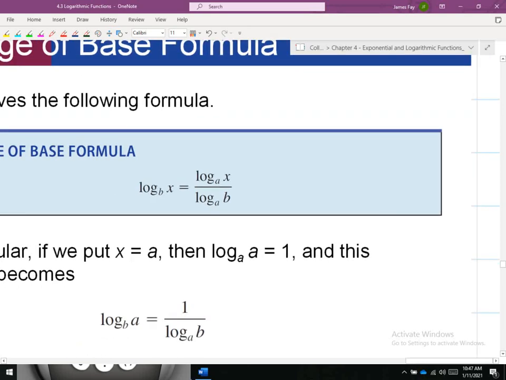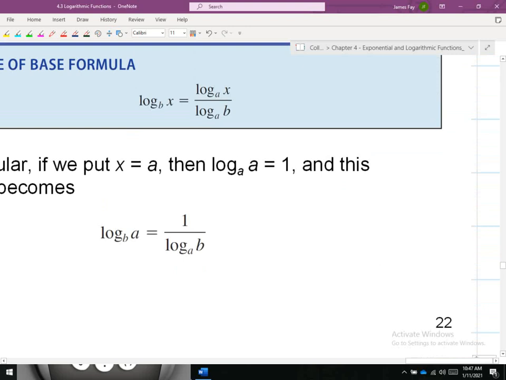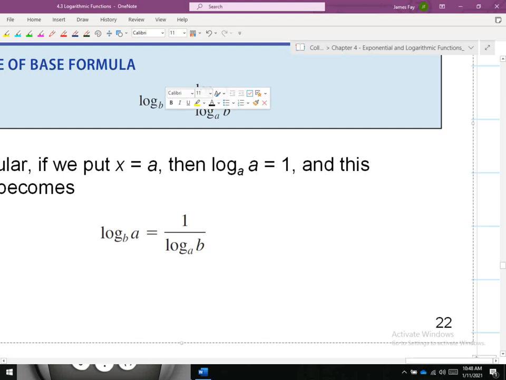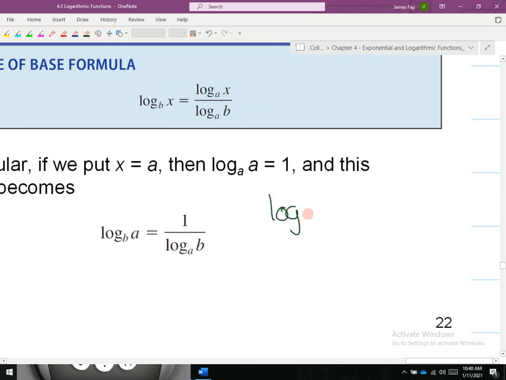Usually what we like to do, if we have technology that doesn't allow us to change the base, is use the common log. Our technology is programmed with a base of 10. So they're going to give me something like, I think the question we did was log base 2 of 15, right?